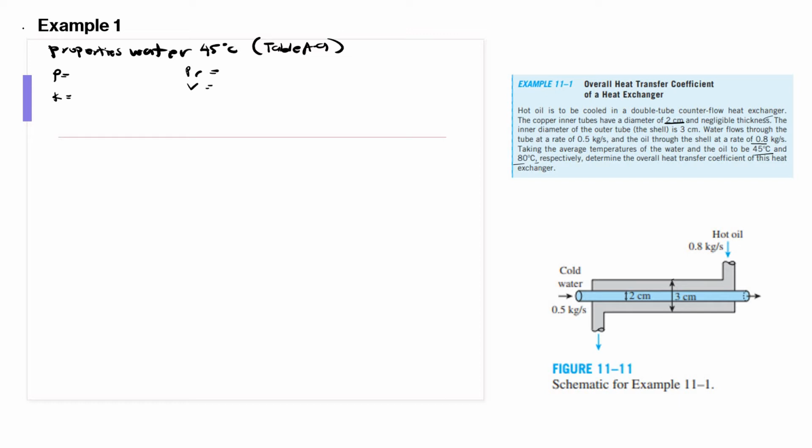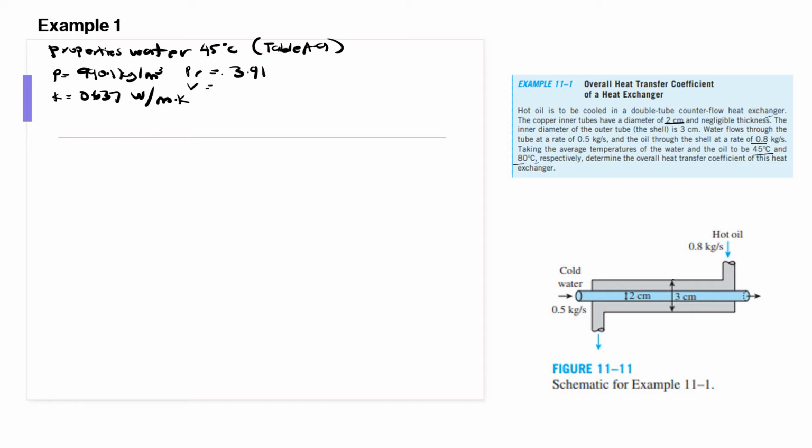From the property table, we get the density 990.1 kg per m cube. For k, we get 0.637 watt per meter Kelvin. For the Prandtl number, we have 3.91.